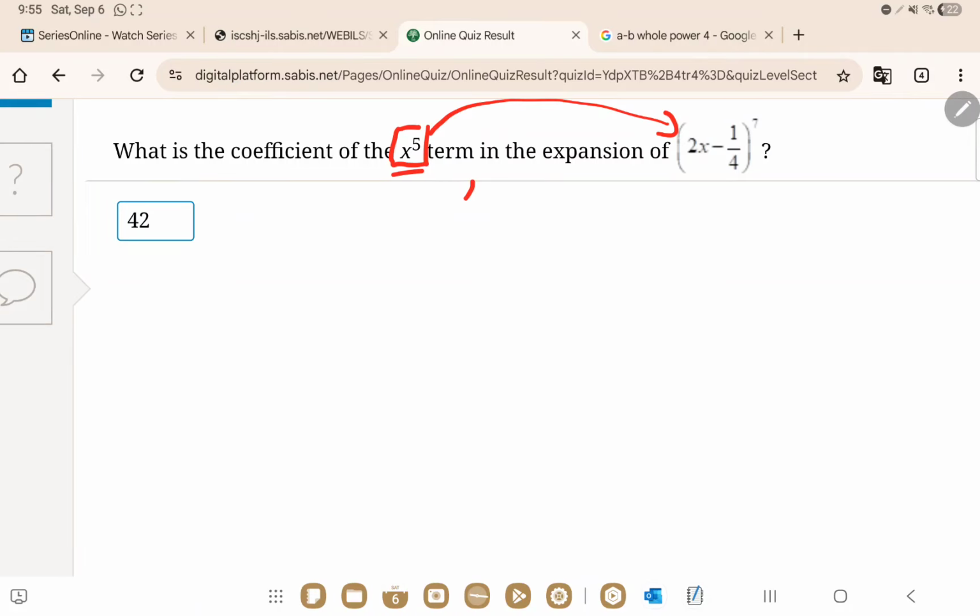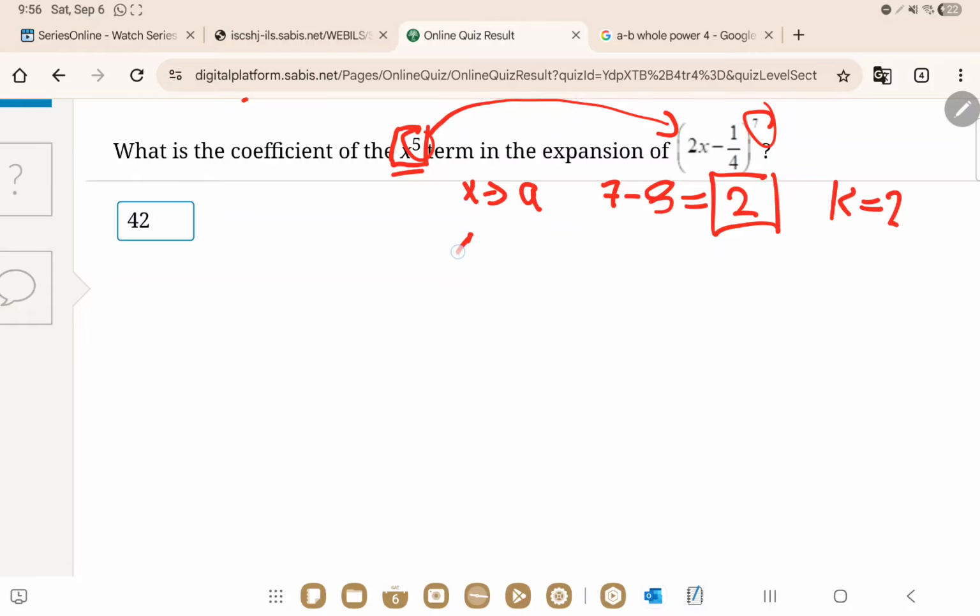If x is in A, then you need to do the exponent, which is 7, minus the exponent of x they want, and that is equal to 2, and that is your k. K equals 2. But if x was in B, then it is straight up just the exponent, and k would equal 5.